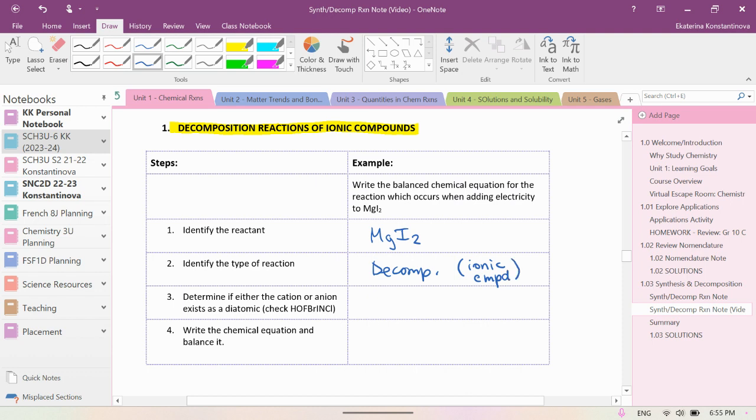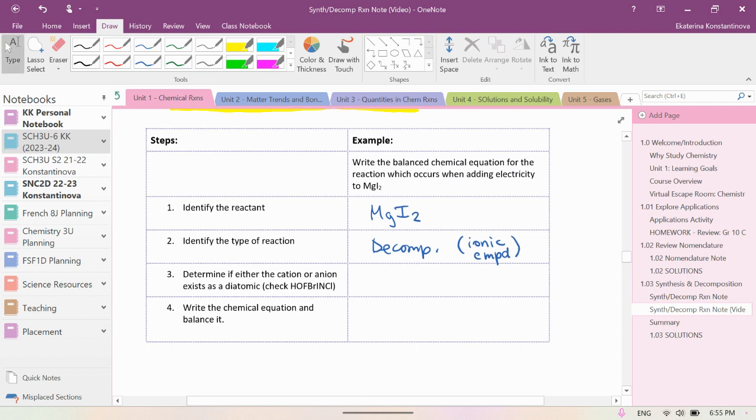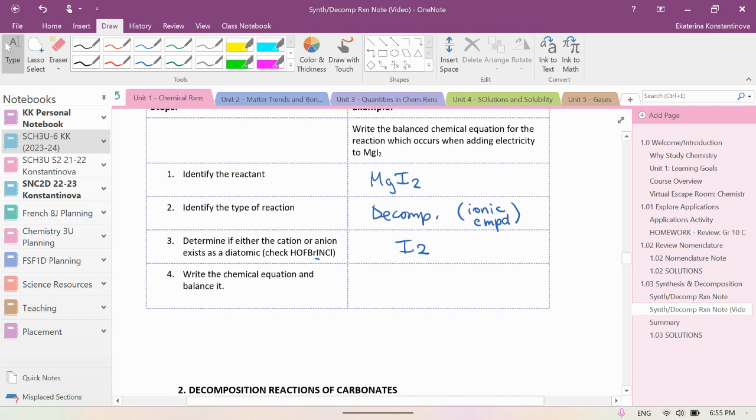Determine if either the cation or anion exists as a diatomic. Iodine is one of the diatomics, so it should be I2 when you break it up. Write the chemical equation. I have magnesium iodide decomposing into magnesium metal and iodine. However, iodine is a diatomic, so you have to make sure that you put a 2 beside iodine by itself.